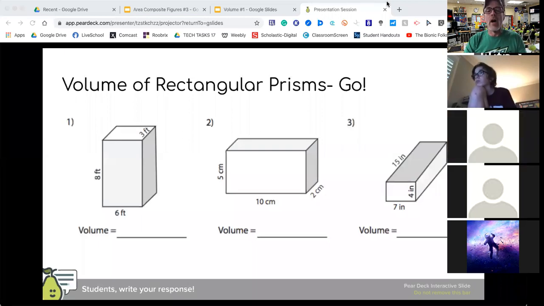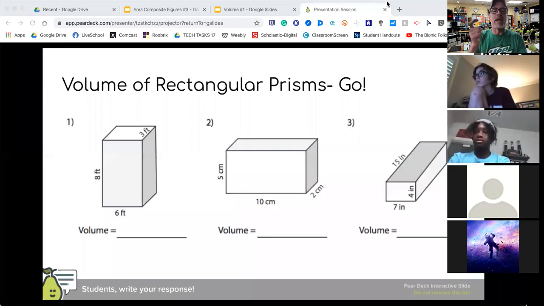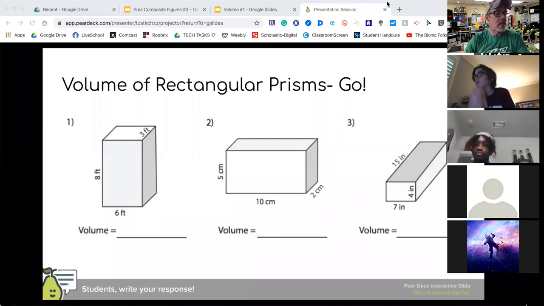On number 1, it's interesting that they put the 3-foot part up there, but that's part of the base, right? For number 1, you would have multiplied 6 times 3, which is 18, and then 18 times 8.